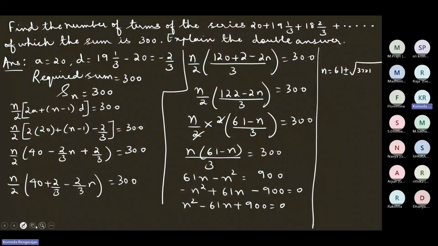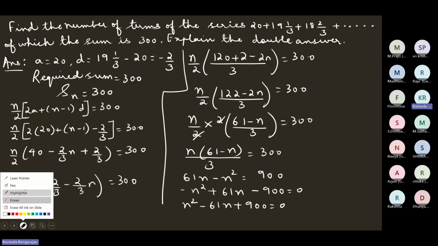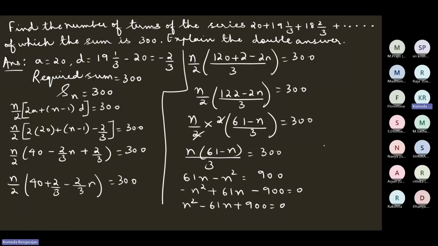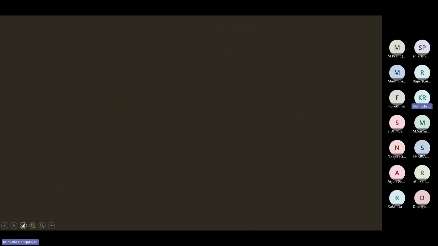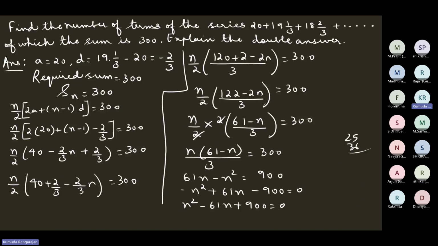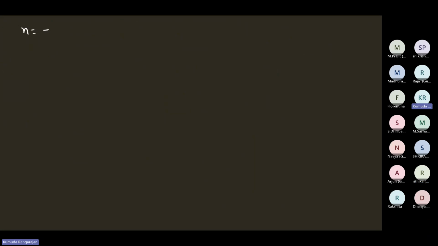I'll take the next slide, sorry. Ritika gave us the two numbers, 25 and 36, by splitting the middle term. But don't blindly use it. If you were not able to find it, then you should use the quadratic formula. So n is equal to minus b plus or minus square root of b squared minus 4ac.